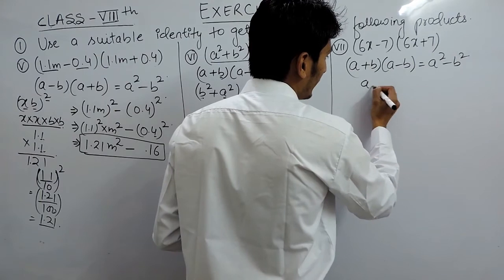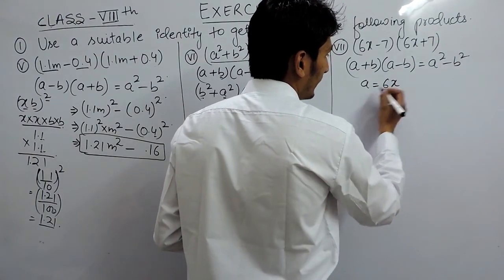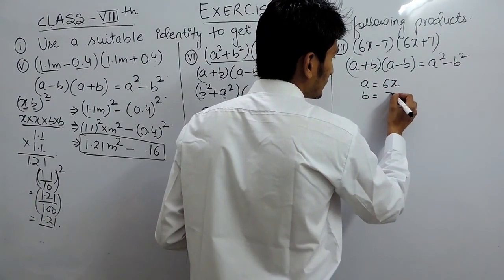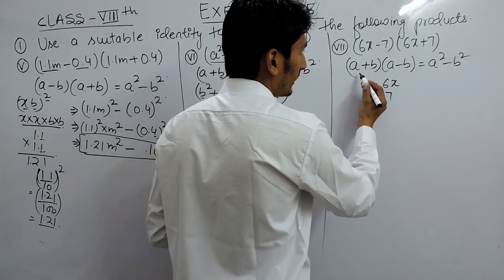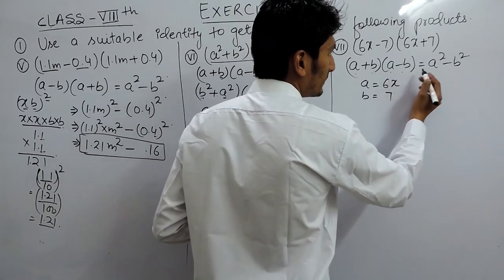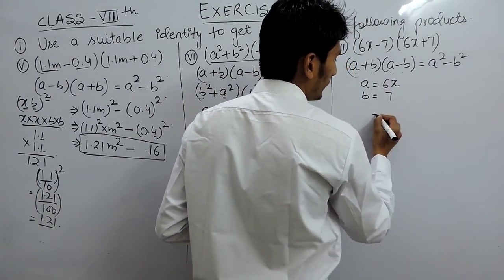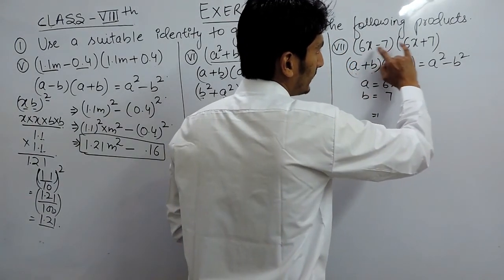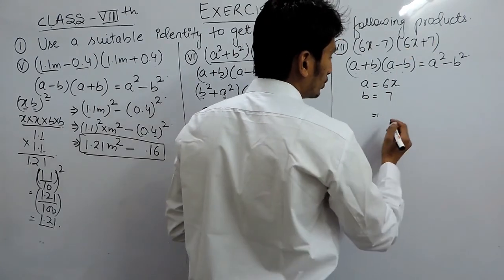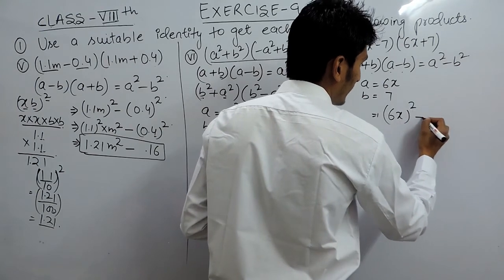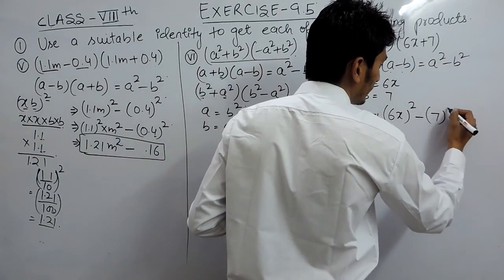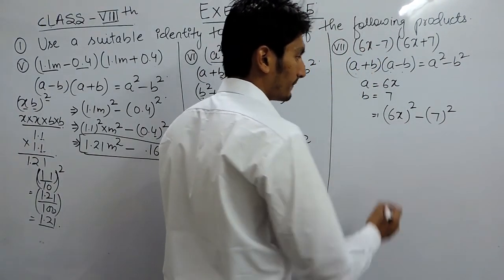Here our a is 6x and our b is 7. So we have a minus b, a plus b, and this should be equal to a square, which is 6x square, minus b square, which is 7 square.